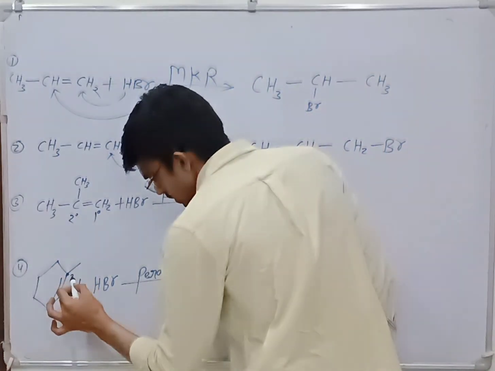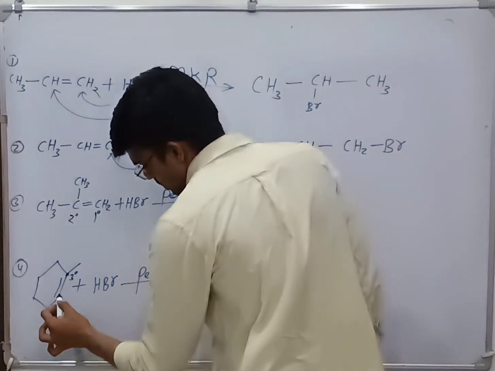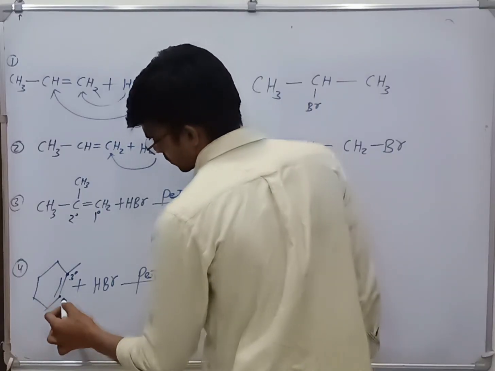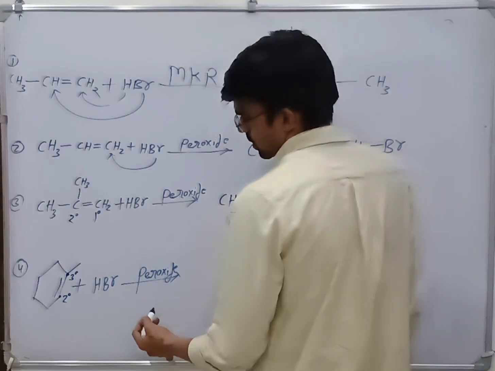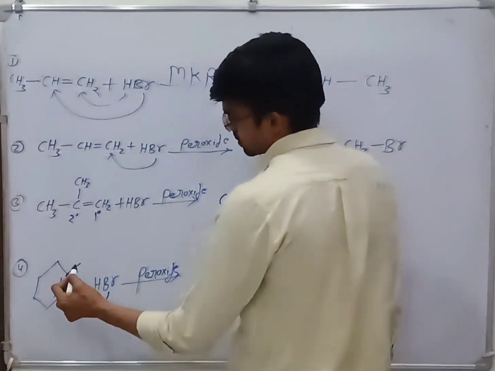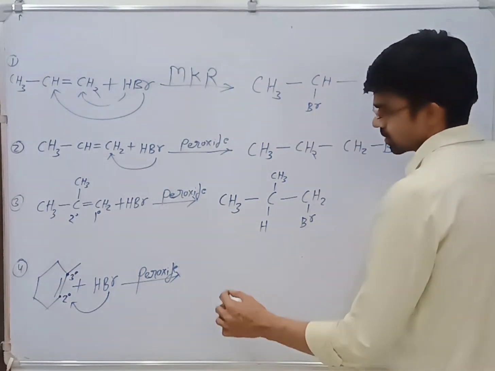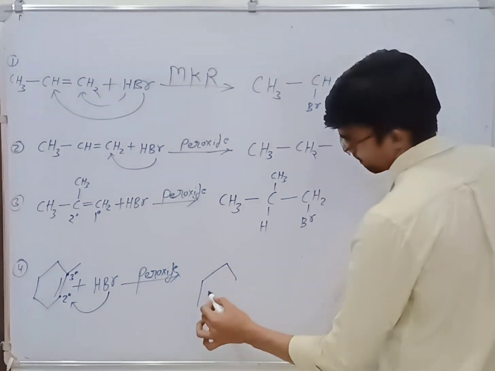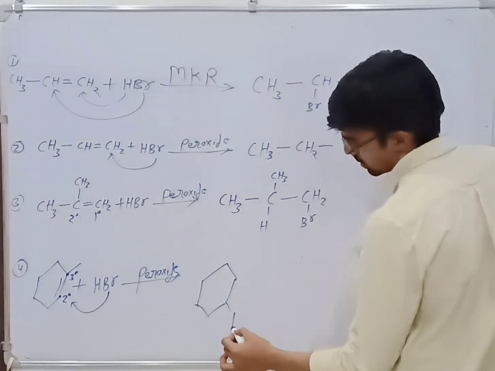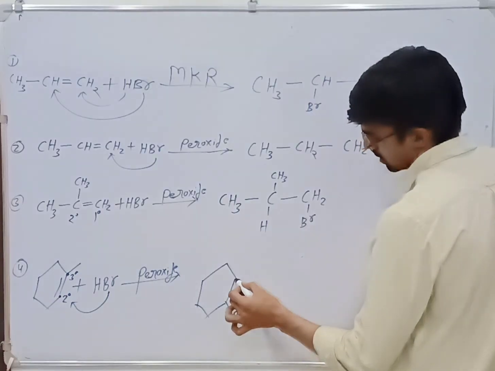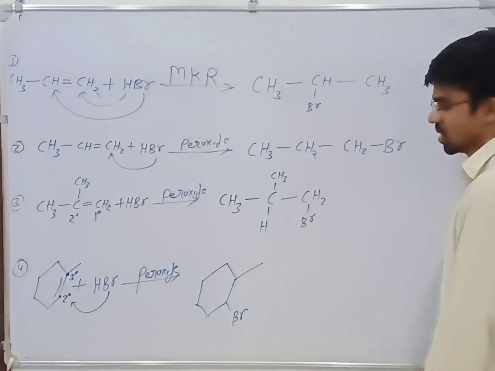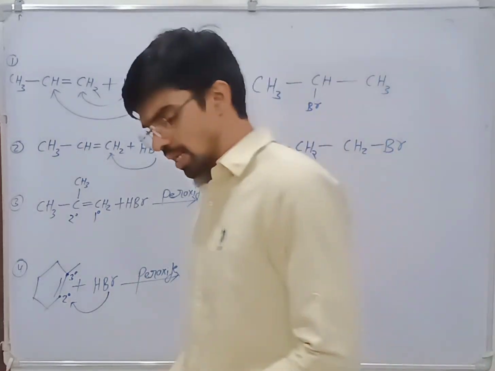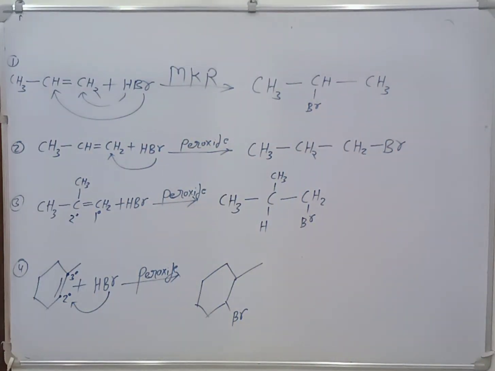See, this carbon is a 3 degree carbon and this carbon is a 2 degree carbon. So because of the anti-Markovnikov rule, Br will get attached to the 2 degree carbon. So our product will have Br on this carbon, and H will attach to the other carbon. So this is how we apply the Markovnikov rule and anti-Markovnikov rule.